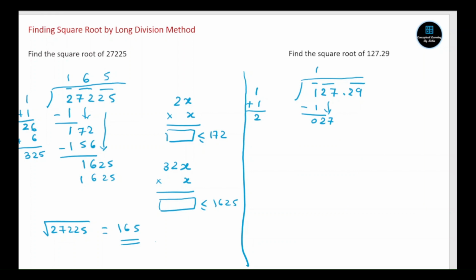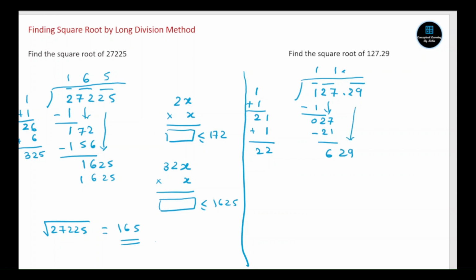Think about a number. Obviously it is 1 only. So 21. Subtract 21. You will get 6. Before you do anything, add 1. So you will get 2. Now put a decimal point and bring 9 down.